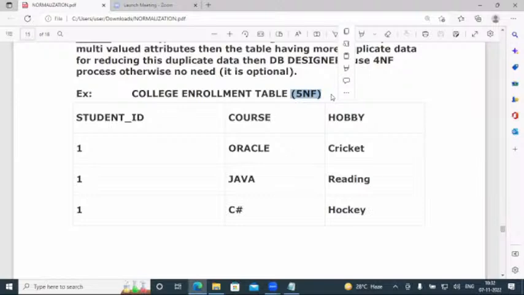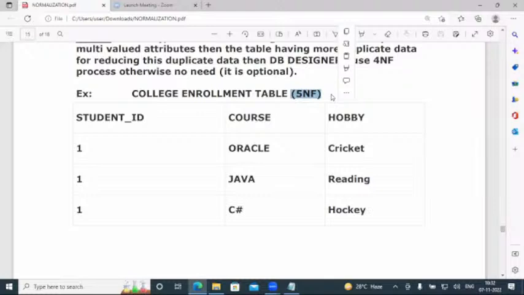What is the advantage for the designer? It's your wish. If you make it separate, fourth normal form is satisfied. If I'm not making it separate, fifth normal form. Any one you satisfy here. That's why fourth and fifth normal forms are optional.